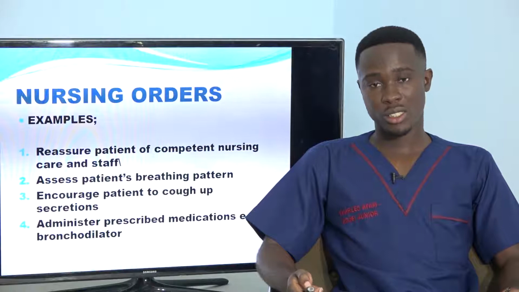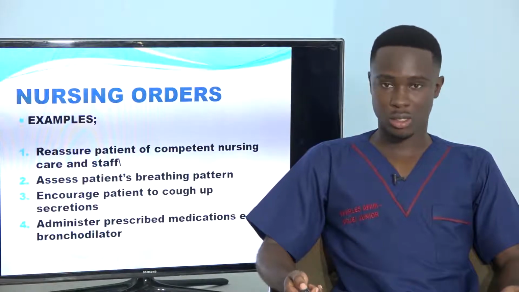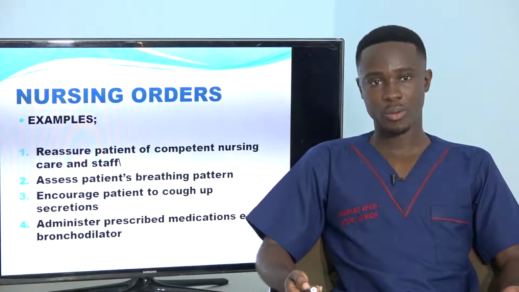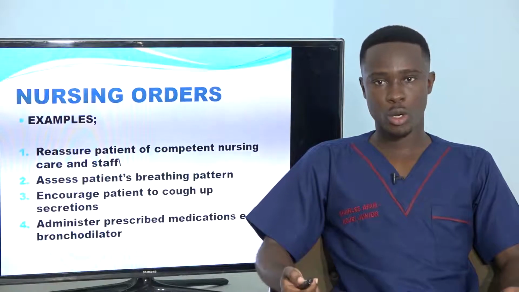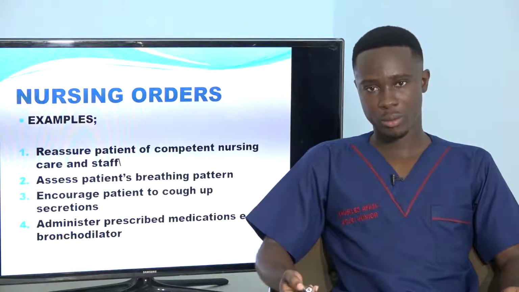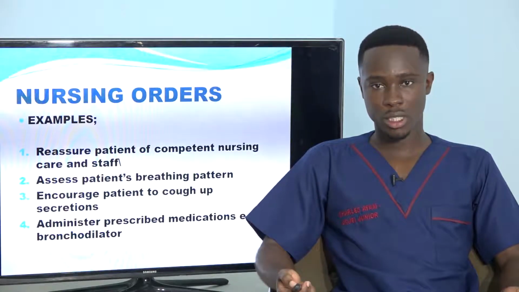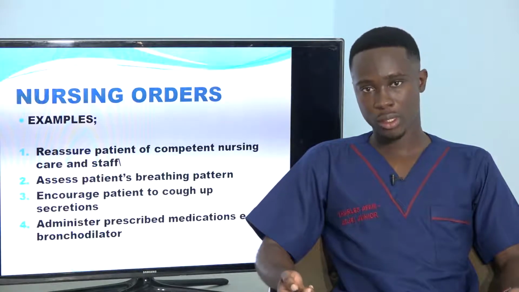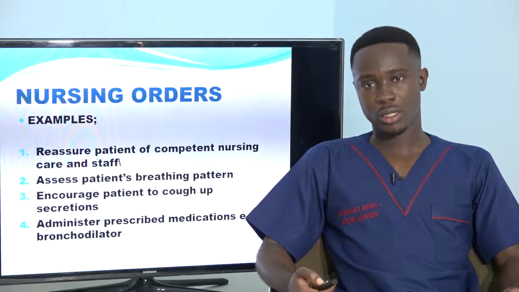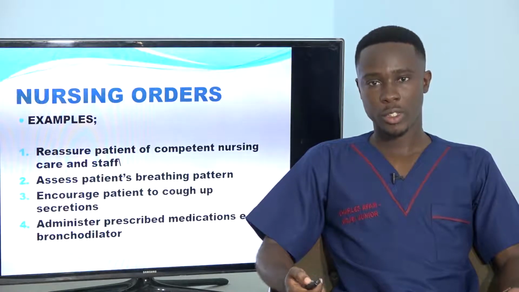So you assess the patient's breathing pattern. How do you assess that? You've been taught in basic nursing by checking the movement of the chest or the diaphragm, and you count, or using the SpO2 machine, the pulse oximeter, to check all that. You can check the breathing pattern. Then you encourage patients to cough up secretions.